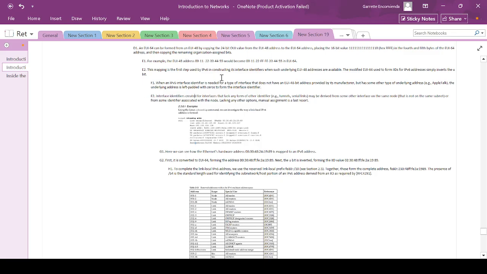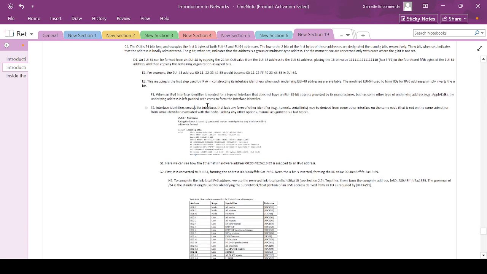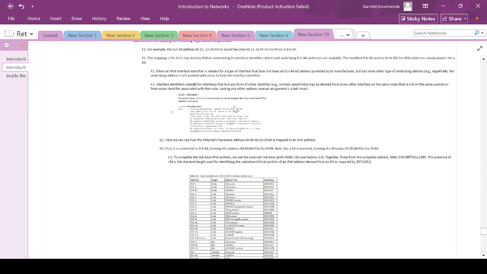So instead of doing this conversion, EUI 48 to EUI 64, it is left padded with zeros to form the interface identifier.